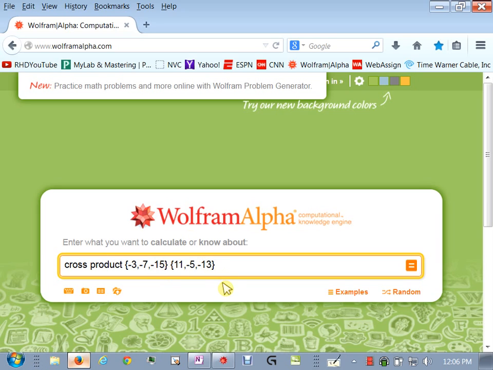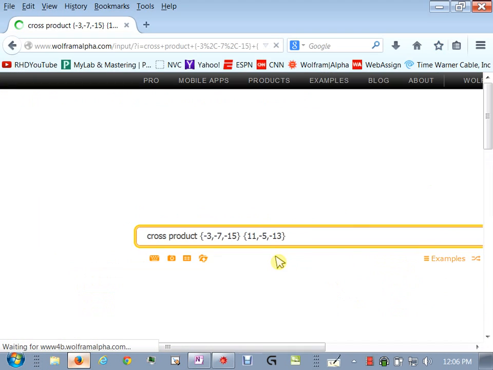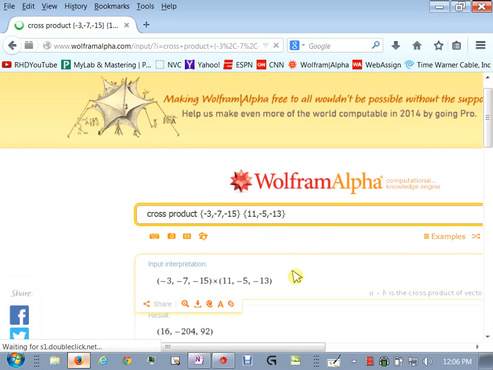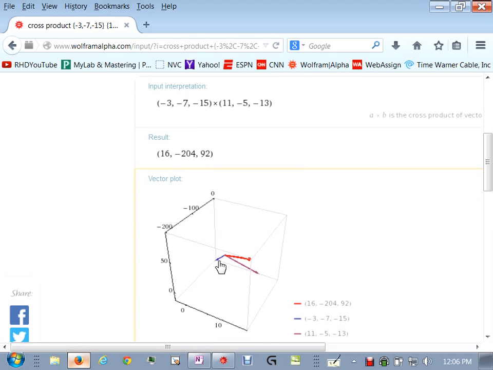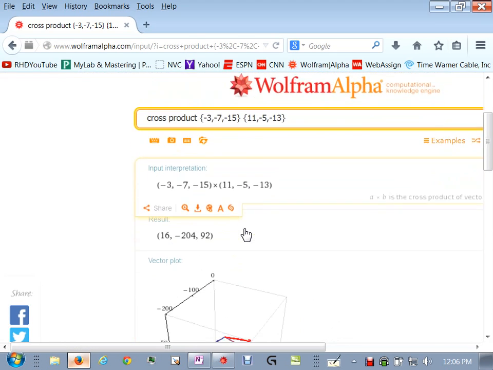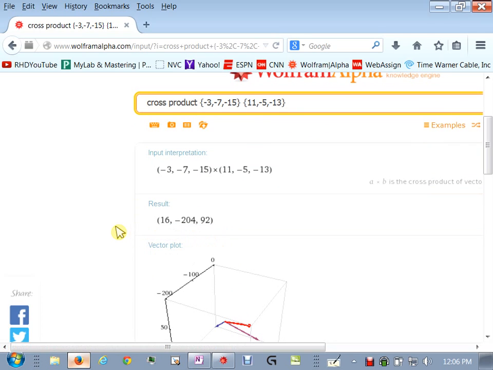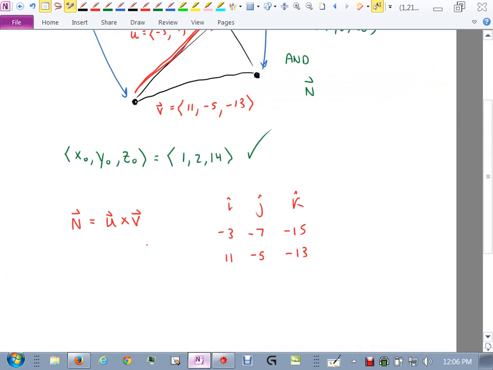That look right? -3, -7, -15, 11, -5, -13. Okay. I don't know if my syntax is correct here. Oh yeah, Wolfram alpha knows. Look at that. It even generates a three-dimensional picture of that cross product. That's pretty cool. Here it is though. It's the vector 16, -204, 92.